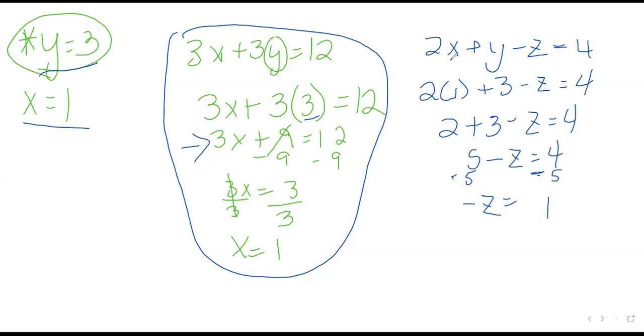Now, which of my two numbers is bigger, 4 or 5? 5. So I'm going to keep the sign of my larger number, which is a negative. Okay? But now I can't have a negative variable. So that negative z, I have to change it to a positive z. So what do I have to do then?